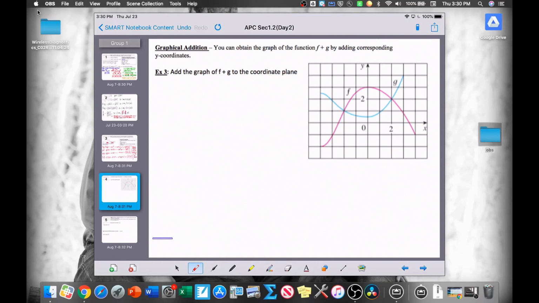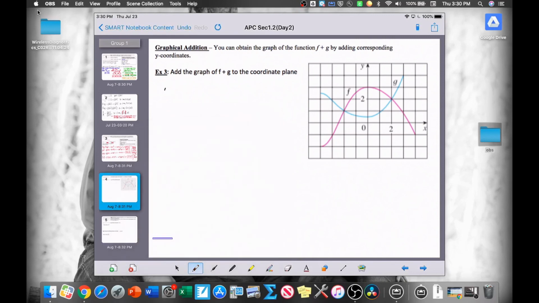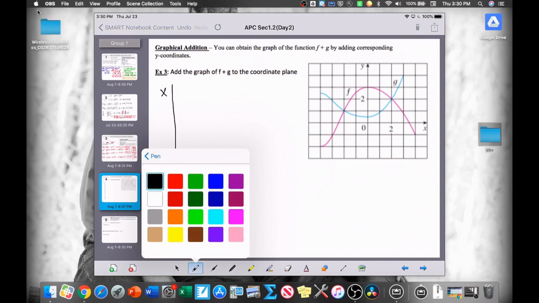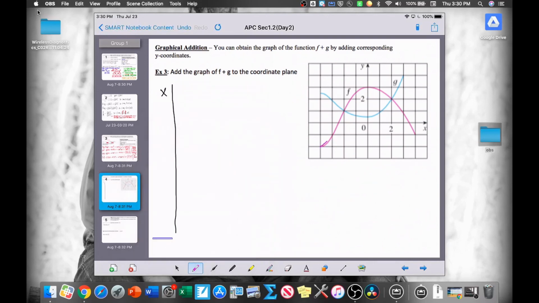Well, before we do that, we're going to need to find some points that lie on the curve of f plus g. So I am going to build a table to begin with. I'm going to have my x values. And I'm going to color code it because that'll make it easier for us here. I'm going to have my f of x values, which are going to be kind of this purpley color, I'm trying to match with the picture here.